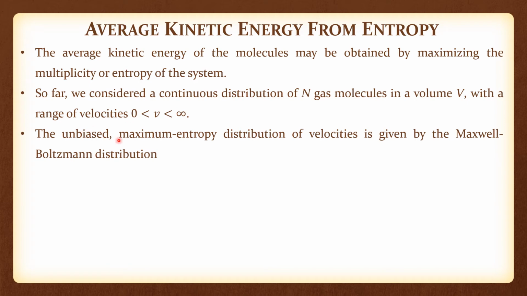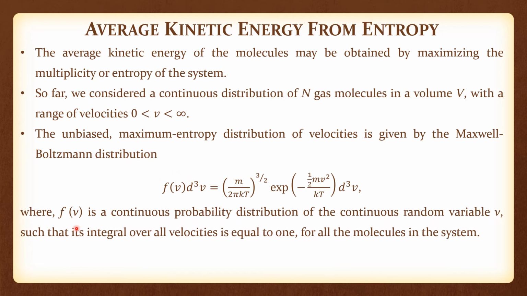So this unbiased maximum entropy distribution of velocities is given by what is called the Maxwell-Boltzmann distribution. I'm not going to discuss this at all. In fact, this can be obtained from principles of statistical mechanics, but that is not the objective of this lecture. So we go for a much simpler model.